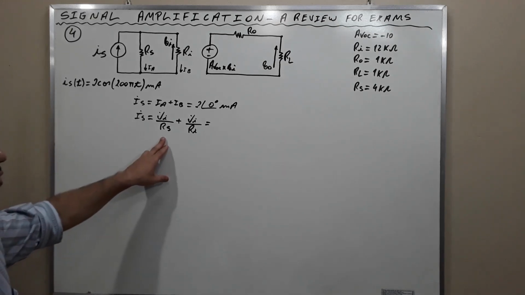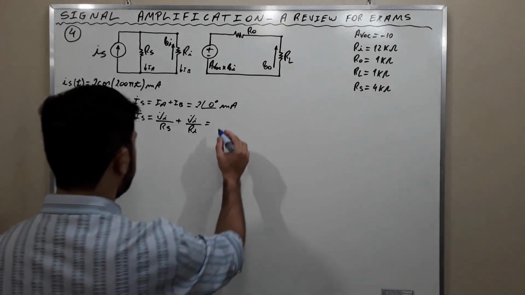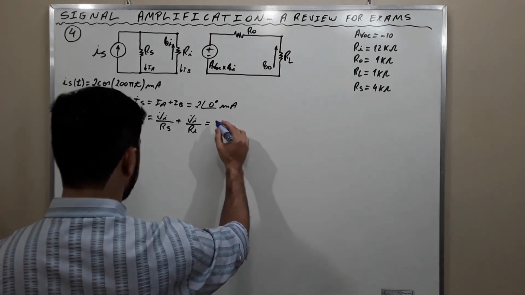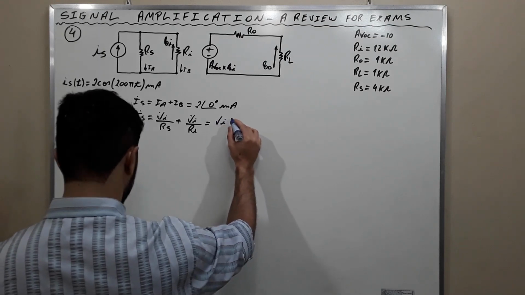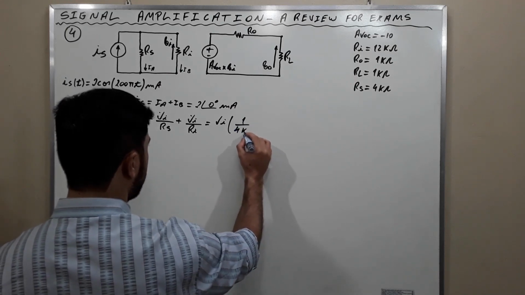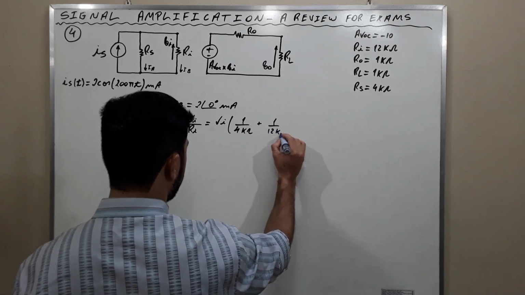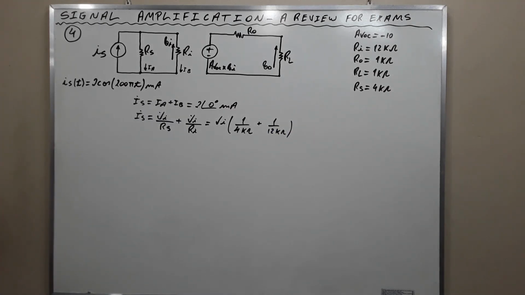If we use the values of RS and RI, we find that IS is equal to VI times 1 over 4 kilo ohms plus 1 over 12 kilo ohms. Okay? What we want is VI.